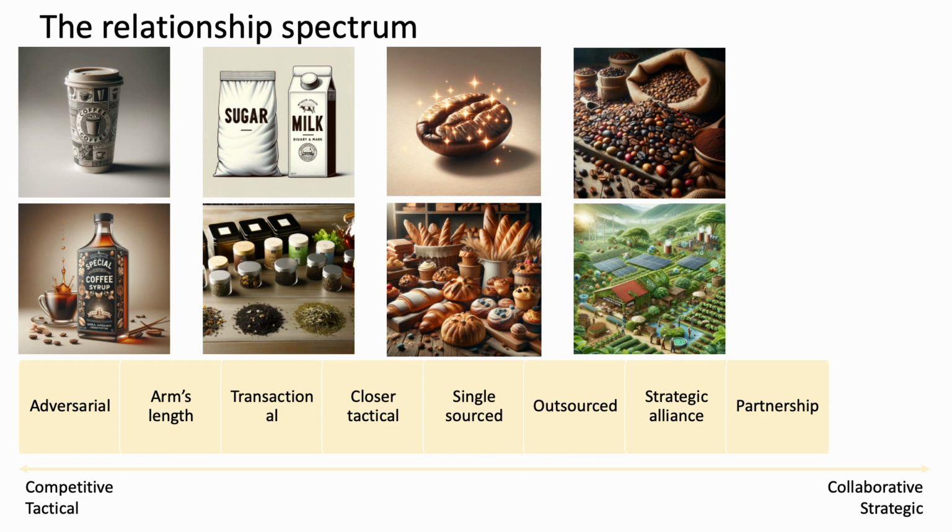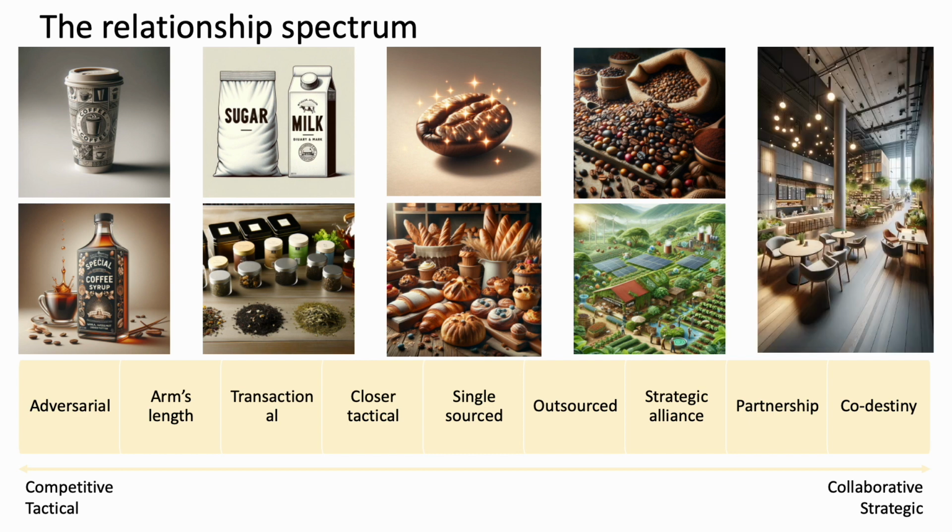This involves deep cooperation, sharing future plans, and working together closely, aiming for mutual benefits like innovation and quality improvement. Co-destiny relationships. In rare cases, we might enter into a relationship where our futures are closely linked, such as creating a new cafe concept with a supplier, sharing risks and rewards. This is about building something together that neither could do alone.